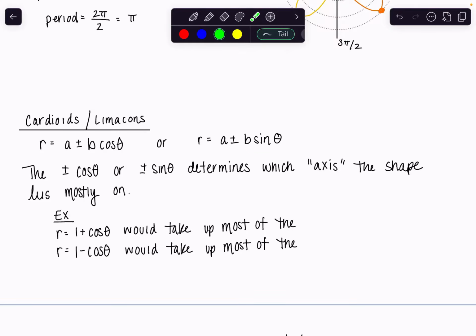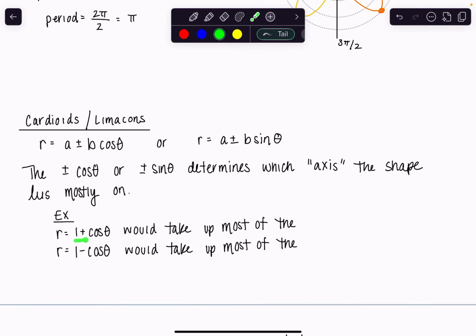If you're dealing with the sine function, most of your graph is going to lie on the y-axis. So it's either going to be up in the top mostly or in the bottom. Okay. If it's positive, it takes up the positive side of that axis. If it's negative, it takes up the negative side.